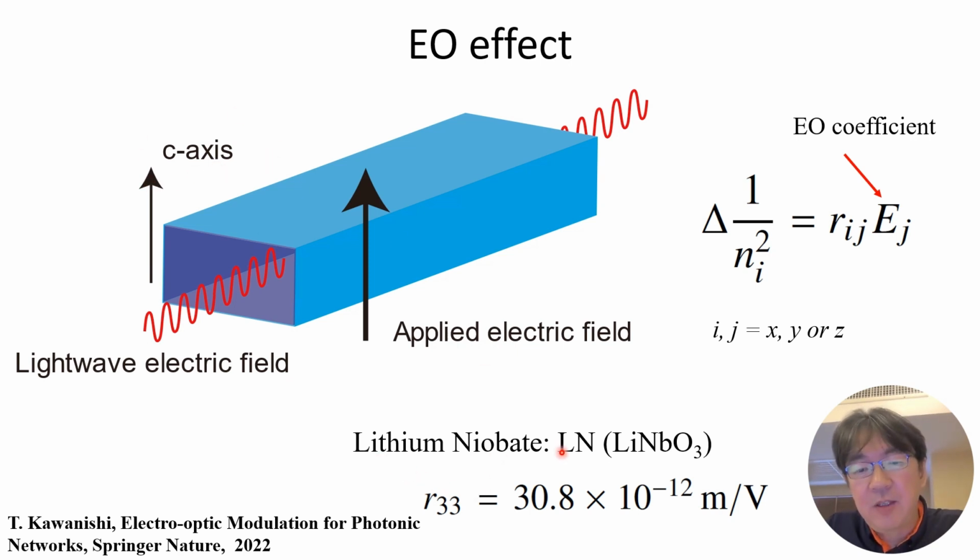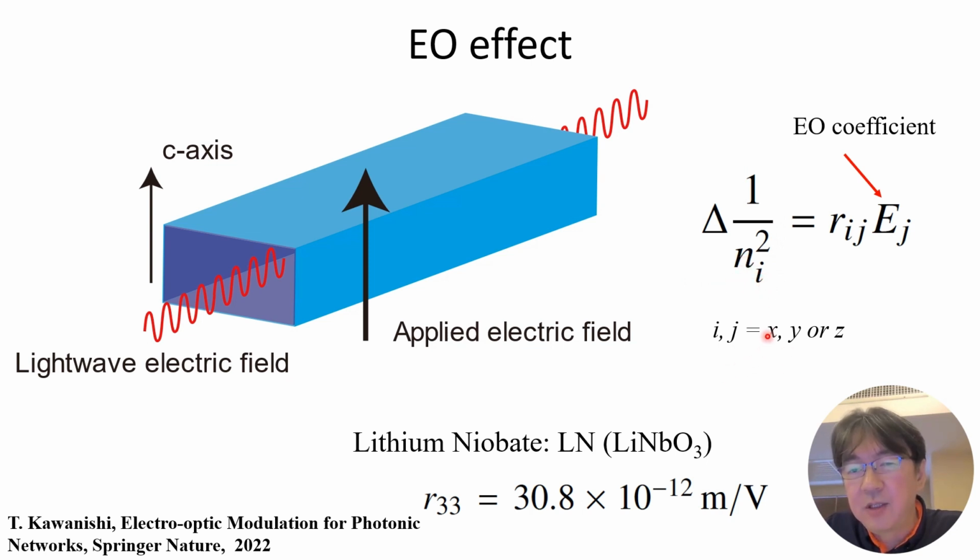The lithium niobate, in short LN, is commonly used for EO effect-based modulators because it has large EO effect. The EO effect would be described by this simple equation. The change of the refractive index would be described by this equation.